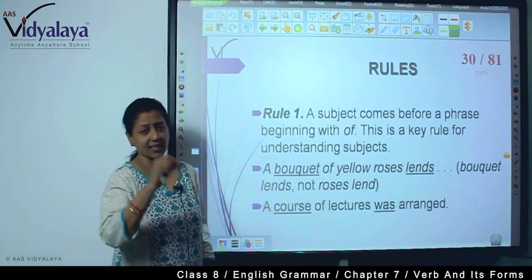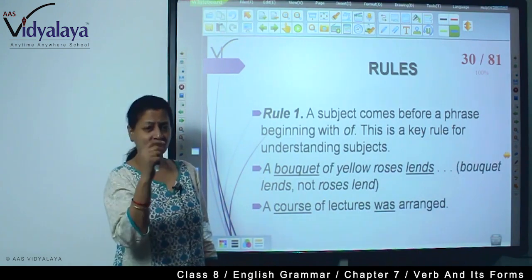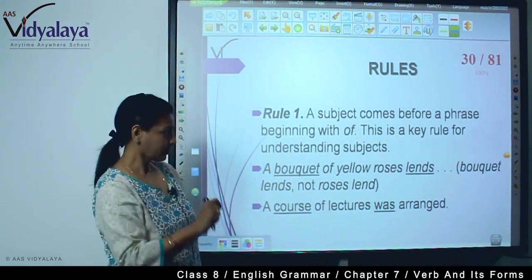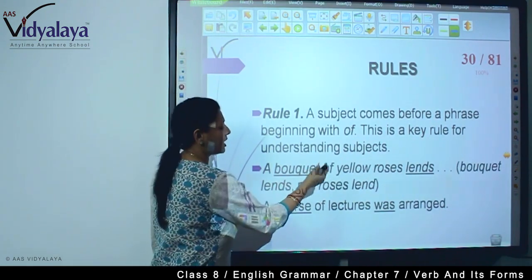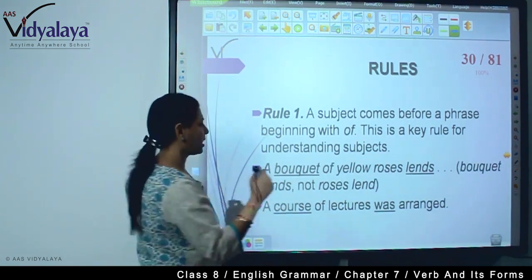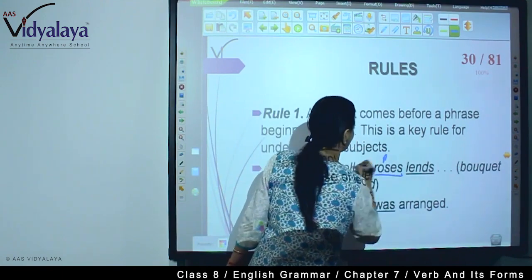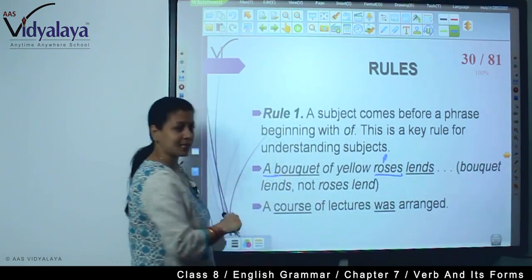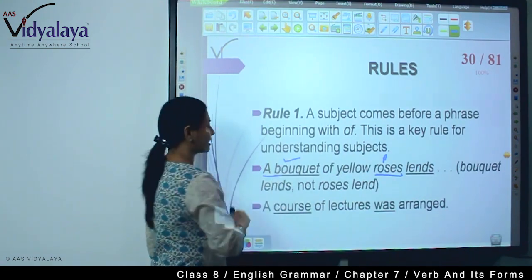A list of items. So the list before of is there. So that is your subject. Now, a bouquet of yellow roses. Here roses may seem plural. It is plural, but your actual subject is a bouquet. So this is singular.